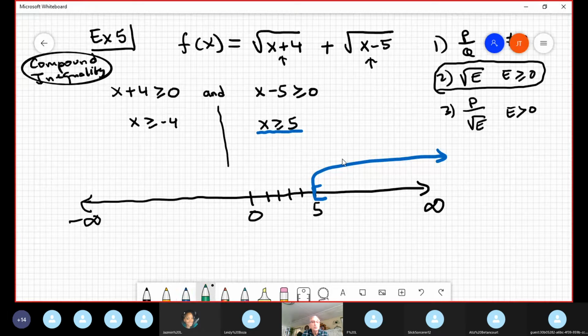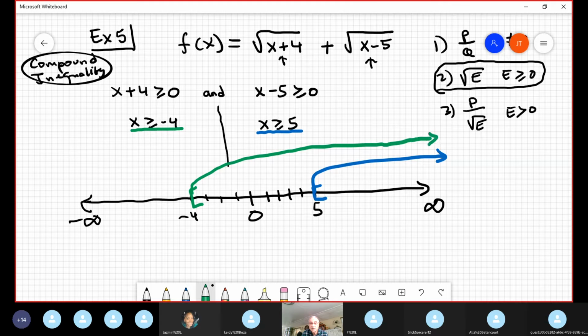Now the second is minus 4. Minus 1, minus 2, minus 3, minus 4 is here. From minus 4, including minus 4, of course, because it's equal. And again, it goes to the right, because it's greater than. So my goal is to compute the AND connection between blue and green.